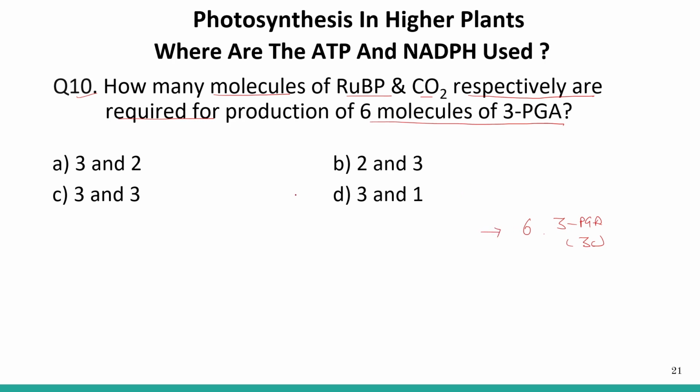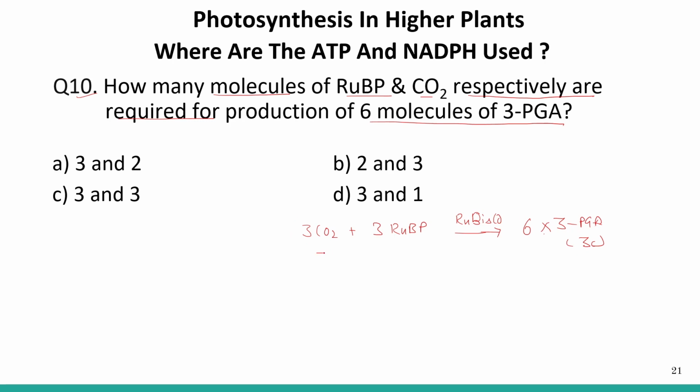Now what happens if 3 molecules of carbon dioxide and 3 molecules of RUBP combine together in the presence of the enzyme Rubisco? Then 6 molecules of 3-phosphoglyceric acid will be produced.